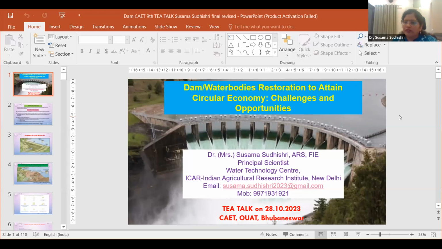Simply, they take the JCB machine. If under MNREGA, they use manual labor and do the siltation. But the question is, suppose you have one pond, how much will you have to dig, or how much siltation will you have to remove? How will you know?